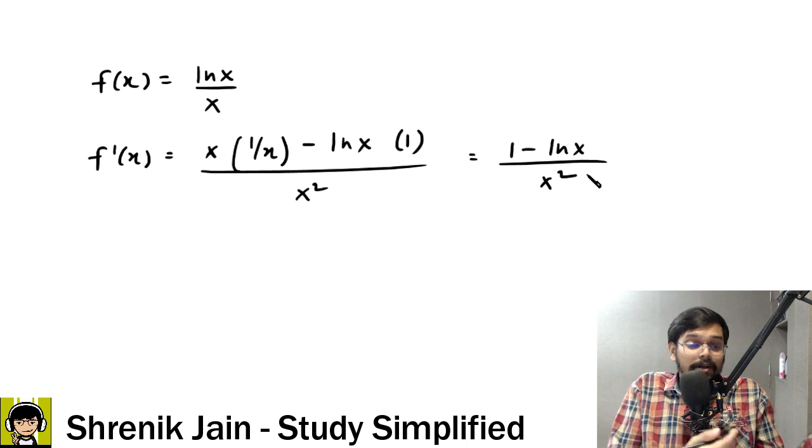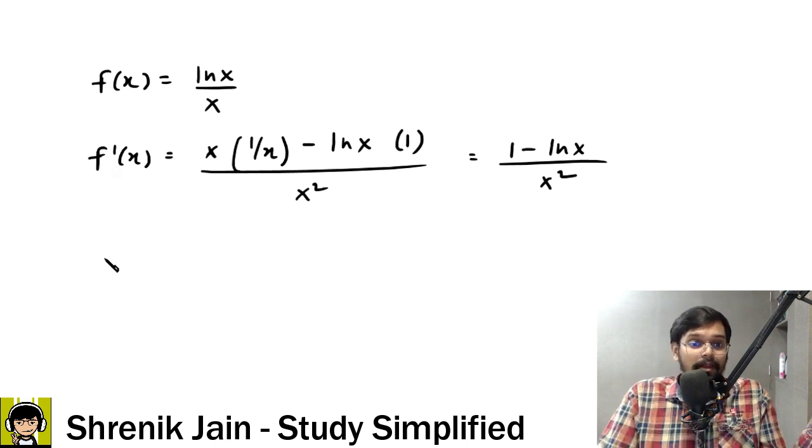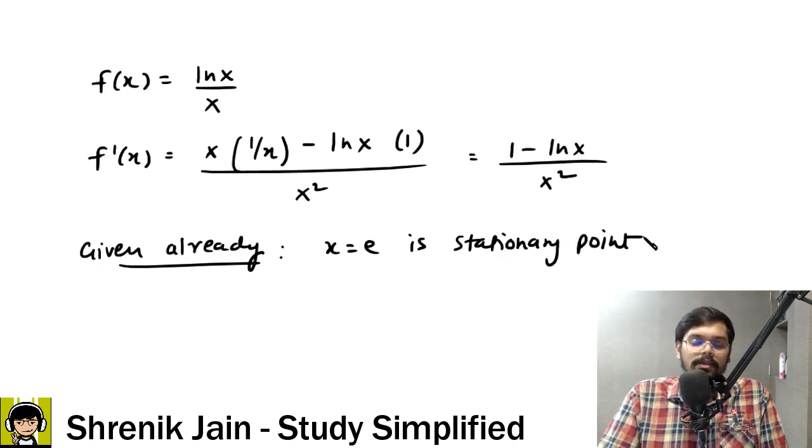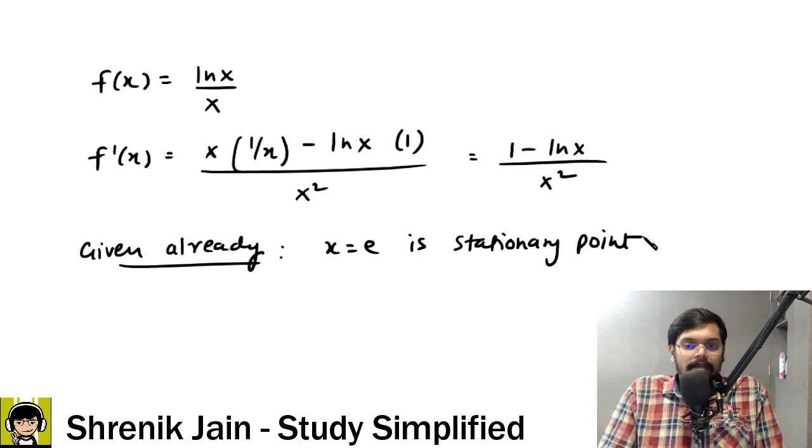The question is already giving you the stationary point. Given already, x is equal to e is a stationary point, because they are asking whether we will get maximum or minimum at that point. So do not equate it to 0 and get the stationary point. We know it.